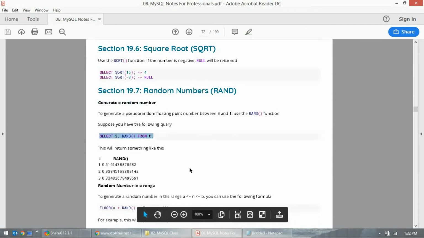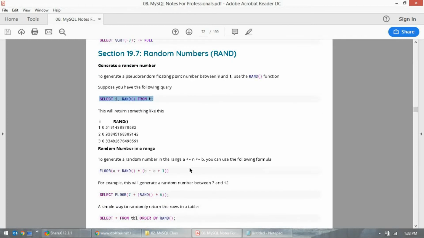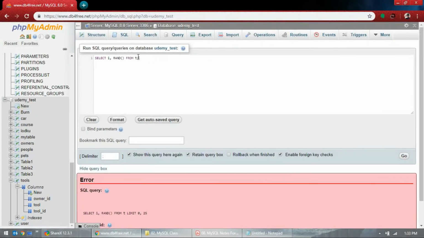So that's not the proper way of using it. You don't have this table T, so that's the reason it gets this error. But what if I don't use from? Does that work?